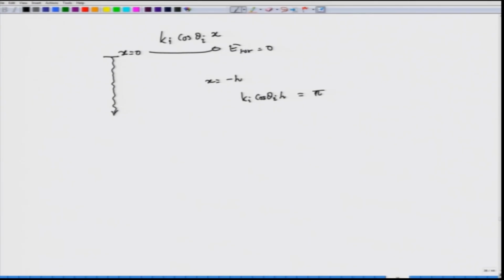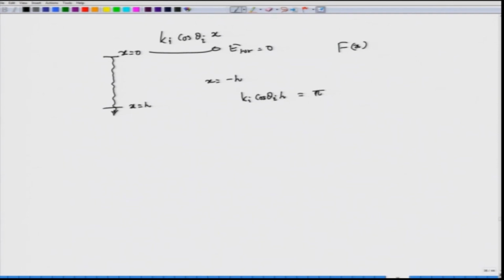At that point, because this electric field function f(x) is sine of this argument, and the argument going through π means that f(x) at x equal to h, such that this condition is satisfied, will be equal to 0. So, at x equal to h, the sine function again goes to 0 and the electric field goes to 0.